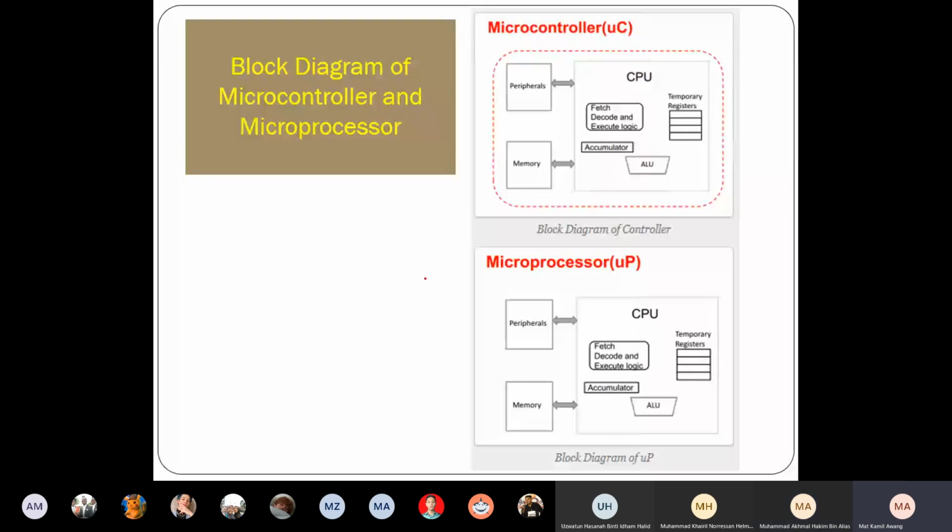What about the red dotted lines? You see the red one? Okay. Microcontroller is basically that everything is in one package. All those in the red one is everything in one package. So that is microcontroller. And the bottom one is microprocessor, where the peripherals and memory are separated from the CPU.